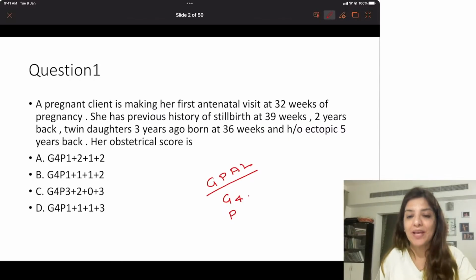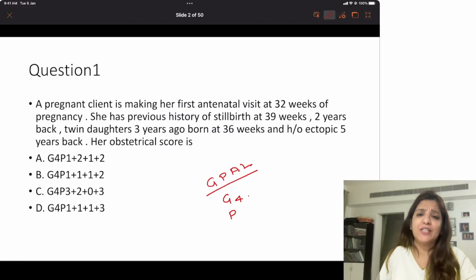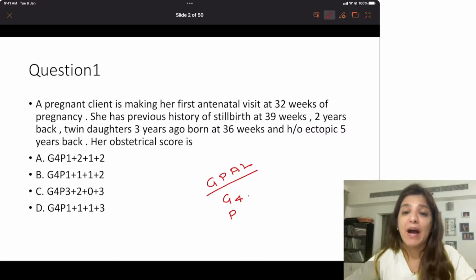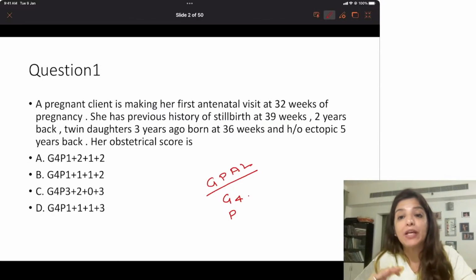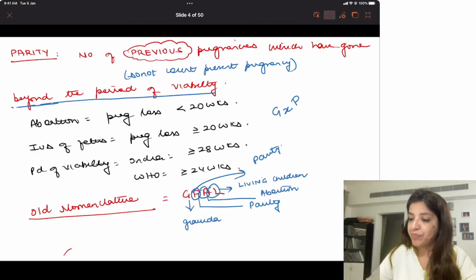I can see so many answers with respect to parity. Some people are saying parity is 3, some are saying parity is 2, some are saying parity is 1. And that is why I have come back to this question. What is parity? Just now I told you, parity is the number of previous pregnancies.